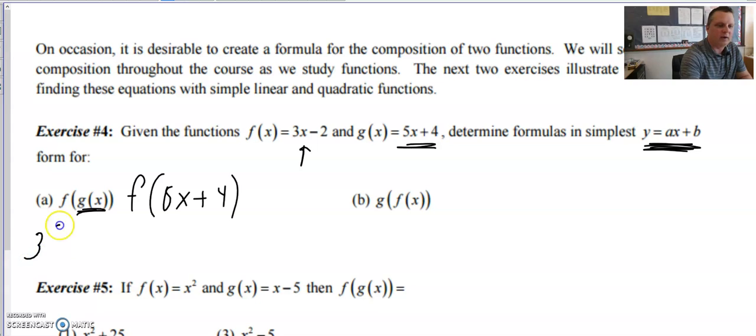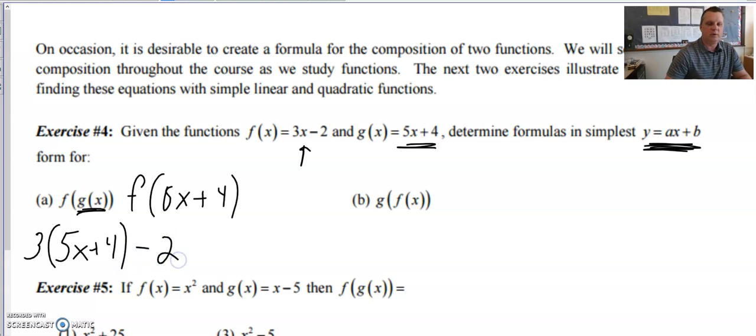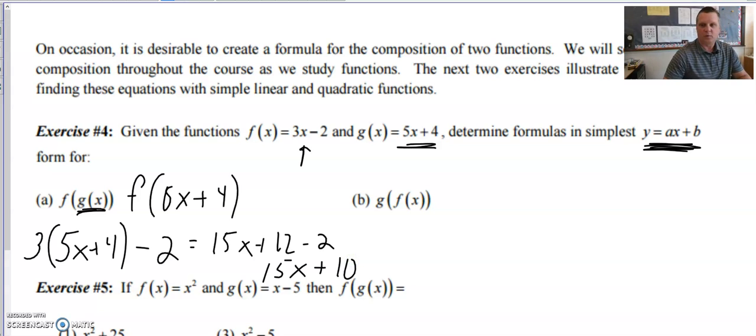So we have 3 times (5x plus 4) minus 2. Wherever there was an x, you put that binomial in. So we have 15x plus 12 minus 2, which gives us a result of 15x plus 10. And then it says y equals ax plus b form, so you have y equals 15x plus 10, and that would be your rule for that composition.